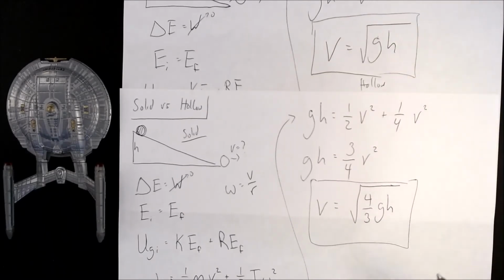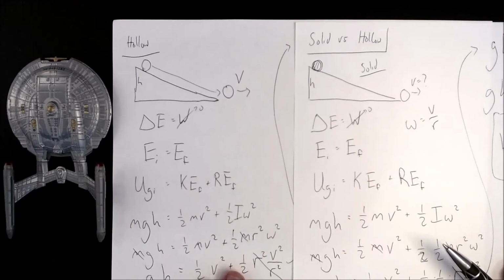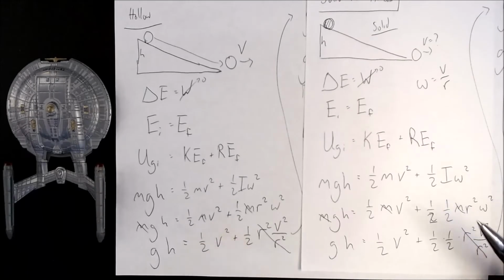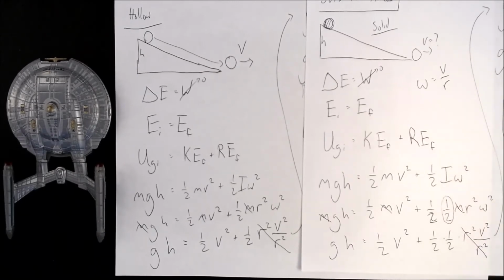Why is that? We see, looking at this earlier part of the work, that in the solid cylinder, we get this extra factor of 1/2 going on. That extra factor of 1/2 is in the rotational energy.